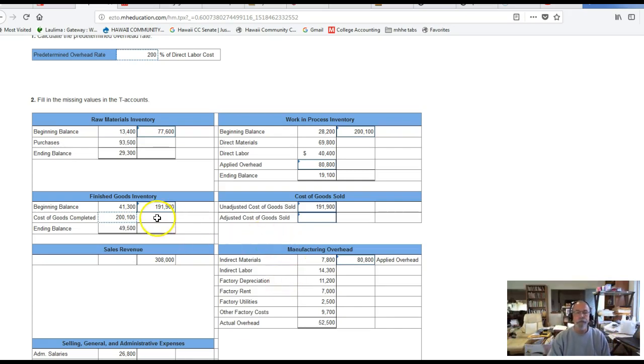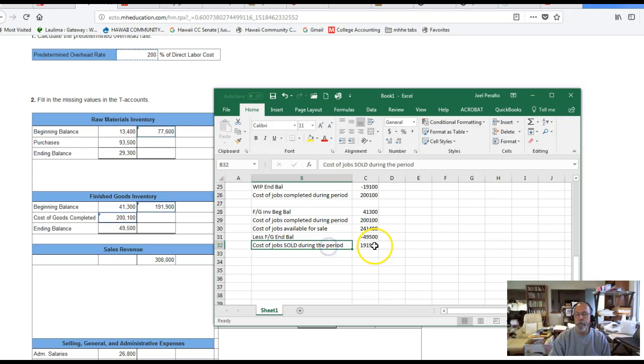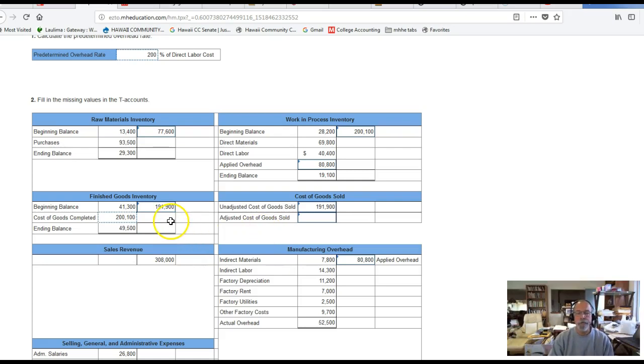So we were looking at this entry to record the cost of finished jobs sold, and so that calculation we did on our Excel spreadsheet, we show that entry as a credit to finished goods inventory, taking the cost of those jobs sold out of finished goods inventory and moving that cost into our income statement account, which is a cost account called cost of goods sold, or probably a better title for this account in a manufacturing concern using job cost accounting would be cost of jobs sold.